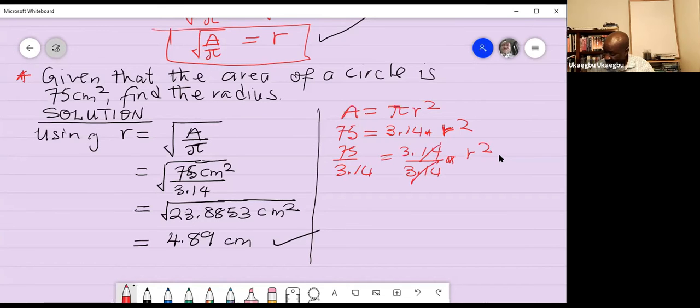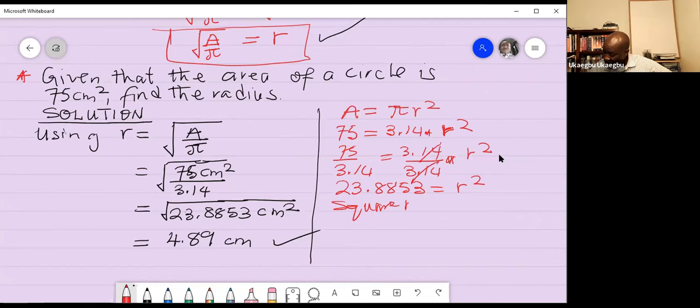So 3.14 divided by 3.14 crosses out, and 75 divided by 3.14 gives us 23.8853 equal to radius squared. Now, in order for us to get the radius, we have to square root both sides.